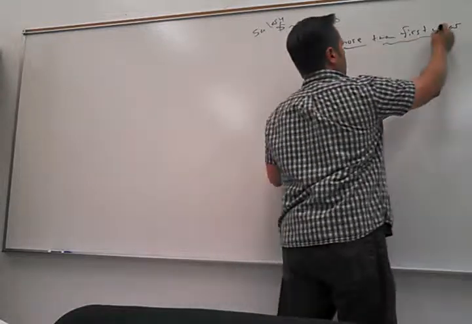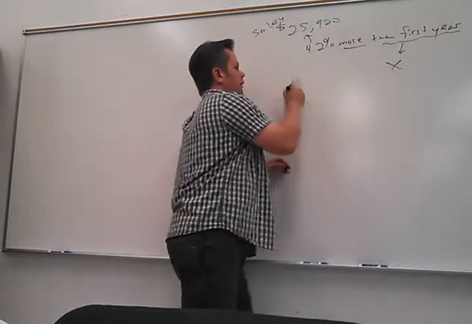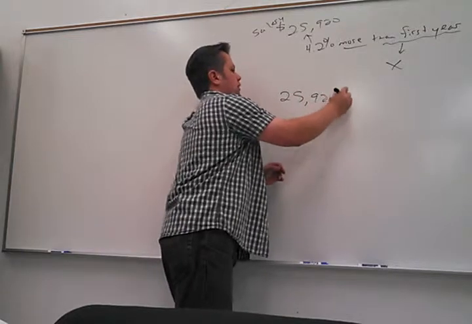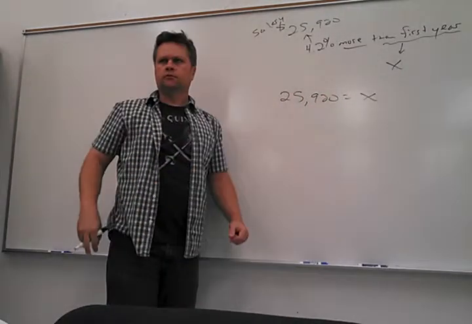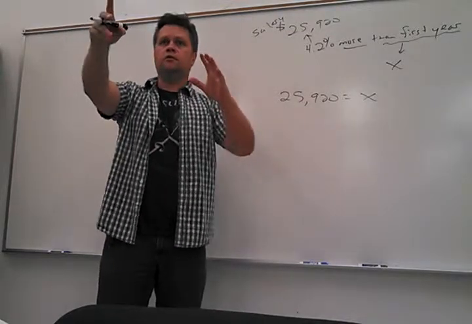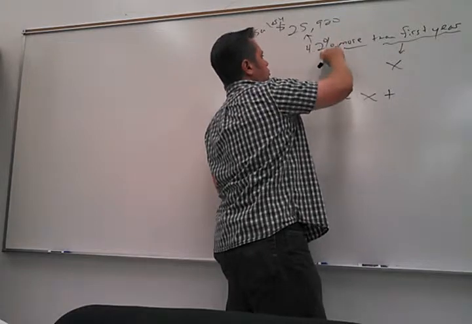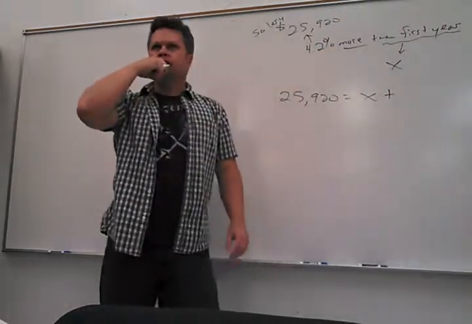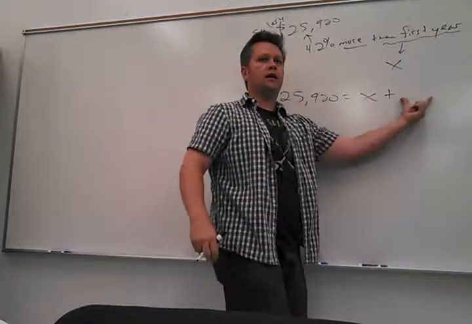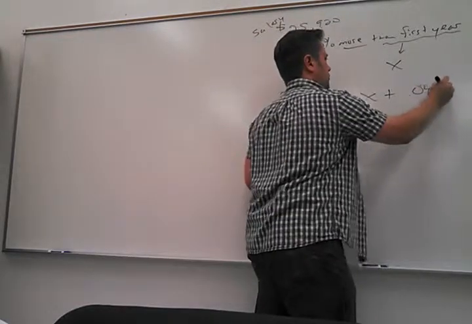So the amount I made the first year is X. So how do I get to 25,920? I take what I was making last year, plus 4.2% of that amount. And how should I write that here so math understands? 0.042x.